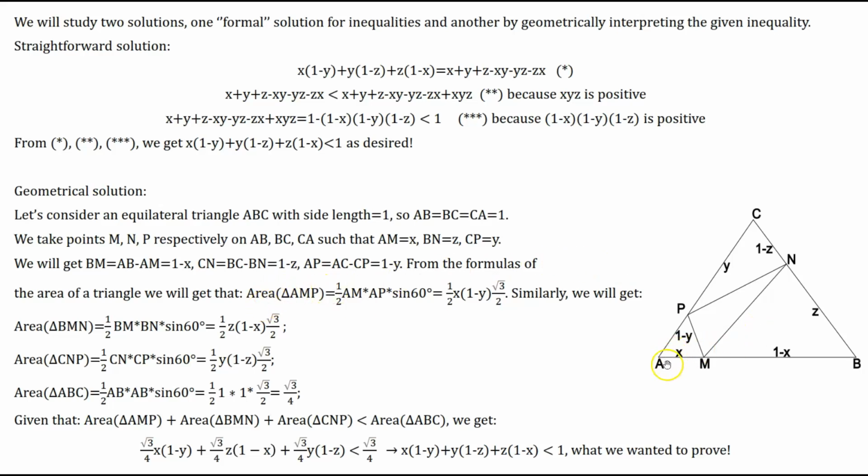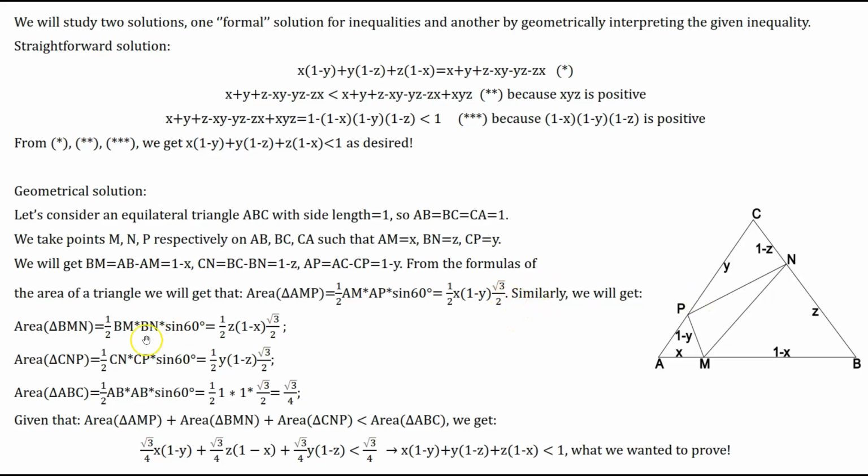We will have that the area of AMP will be equal to half of AM times AP times sine of MAP. We do the substitutions: AM is equal to X, AP is equal to 1 minus Epsilon, and the sine of 60 degrees is equal to square root of 3 divided by 2.